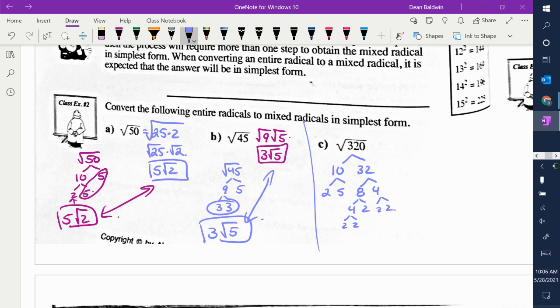Because my index number is 2. So there's a group of 2, there's a group of 2, and there's a group of 2. So how many 2s come out? Not 6, 3. Because a group of 2, when you pull it outside of the radical sign, becomes one number.